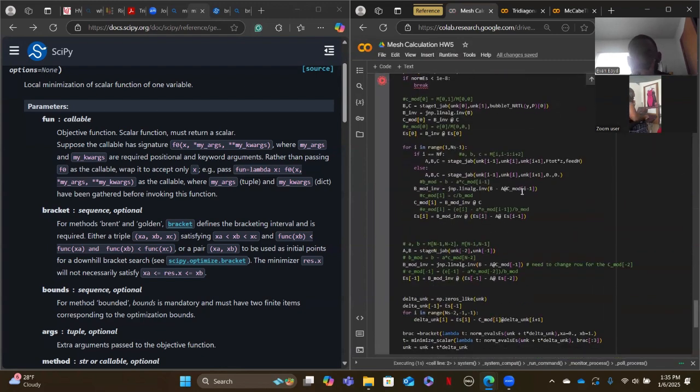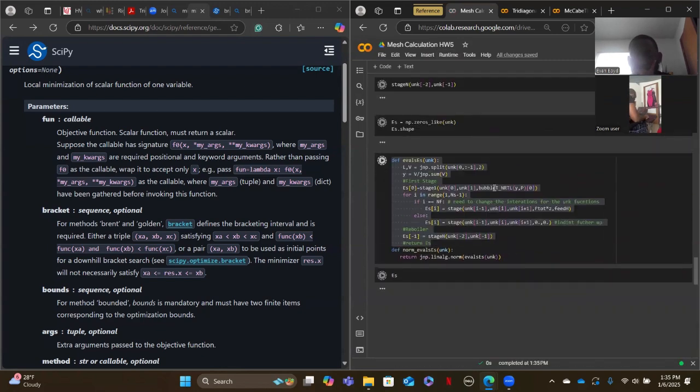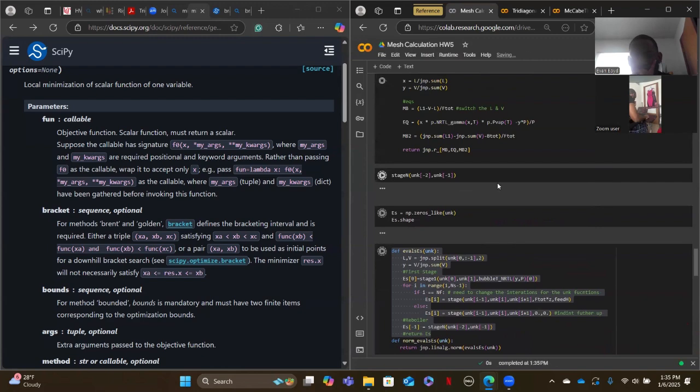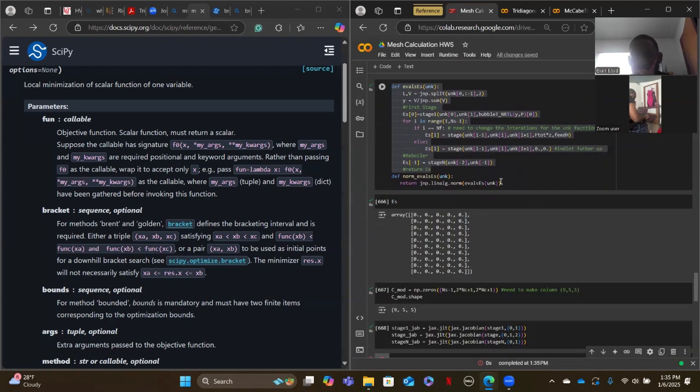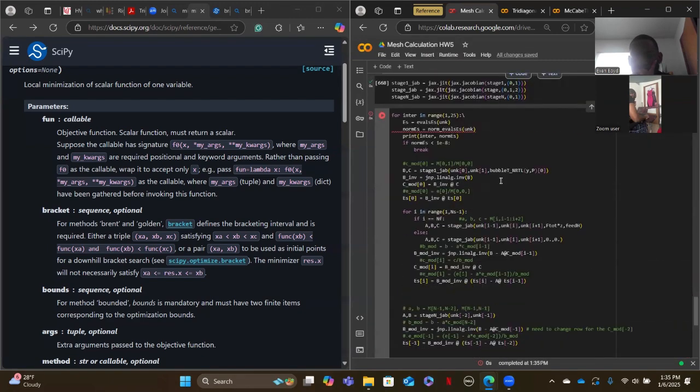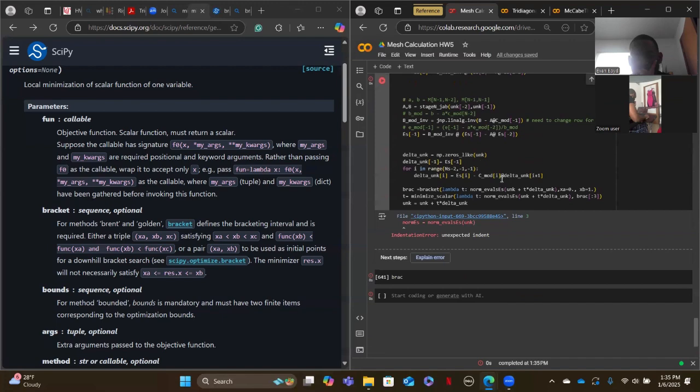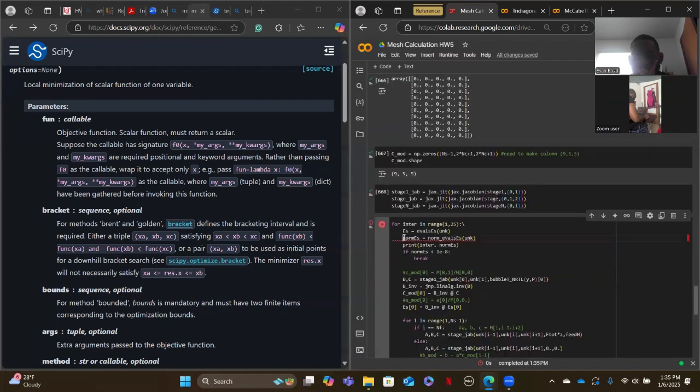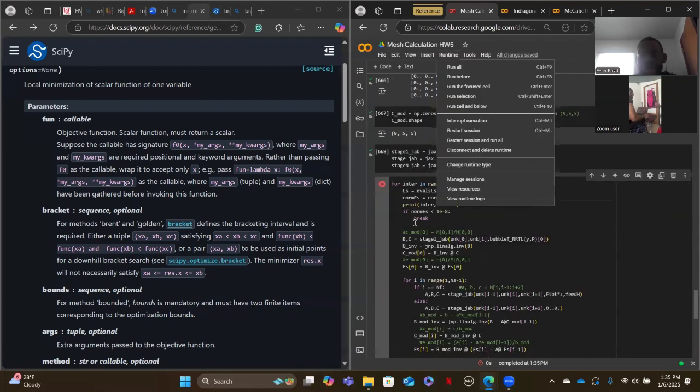I don't know why it's highlighted. This should be fine. Unexpected indent. We're in the for loop. What's the problem? Oh, it's because I have this here. Okay, now let's rerun this. Okay, everything should be good now.